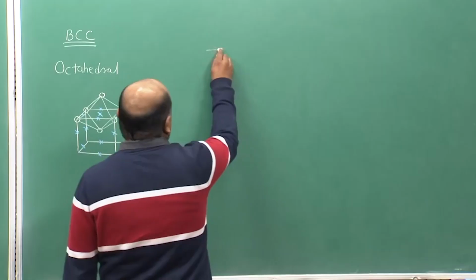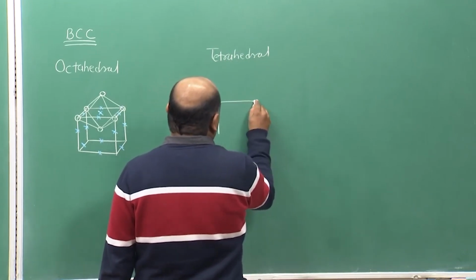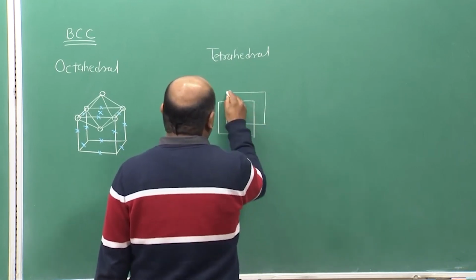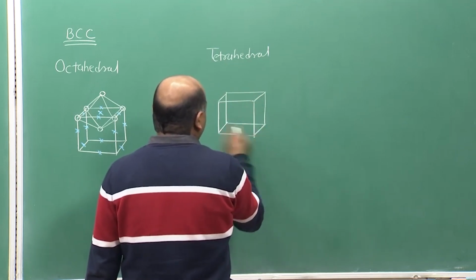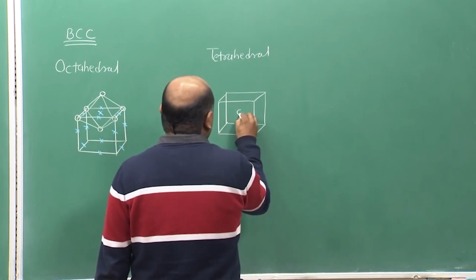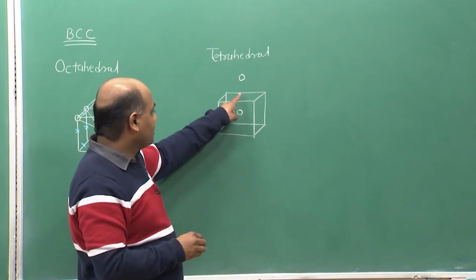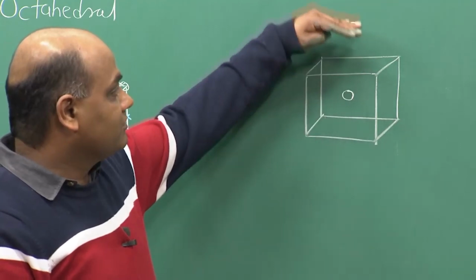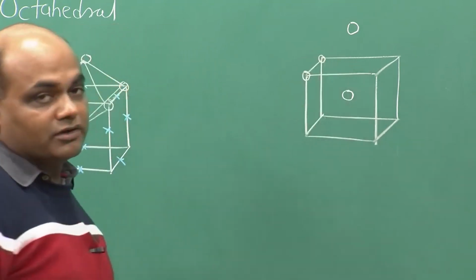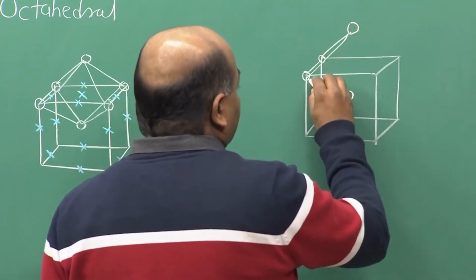For tetrahedral sites in BCC, let us consider the 2 body center atoms, one at the body center of this unit cell which is drawn, and the one at the body center of the unit cell which is on top of this one. Consider the 2 side corner atoms in between them, and you can join them to form a tetrahedron.